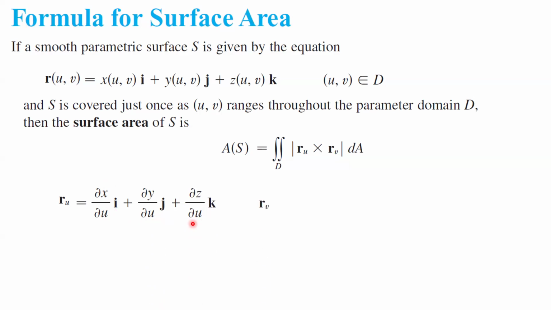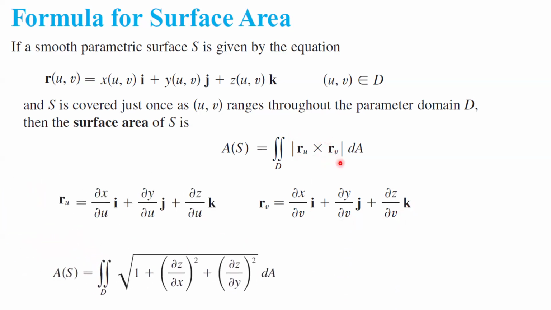We can also calculate r_v, which is the partial derivative of x with respect to v in the direction of the x-axis, plus the partial derivative of y with respect to v in the direction of the y-axis, plus the partial derivative of z with respect to v in the direction of the z-axis. So you have two vectors. You need to find the cross product between these two vectors and then find the magnitude or norm.